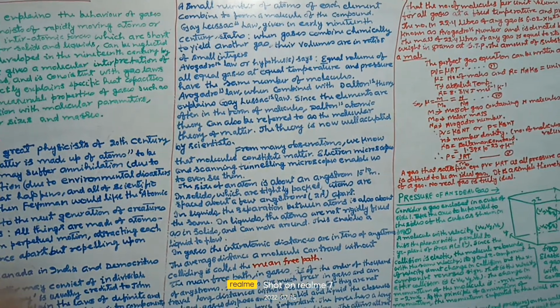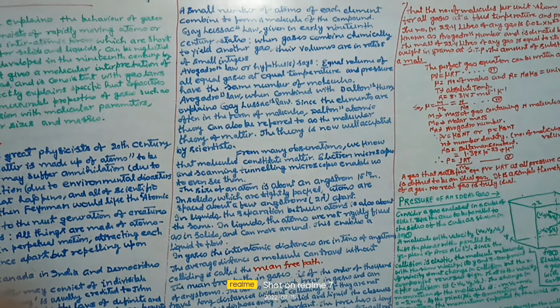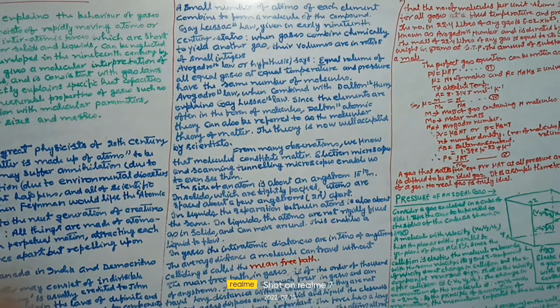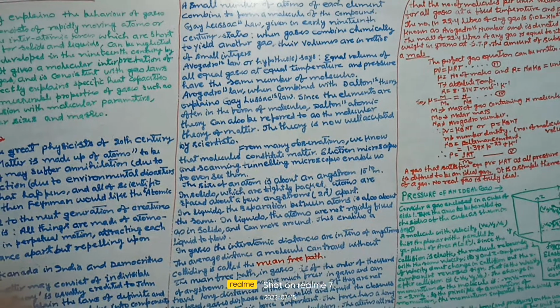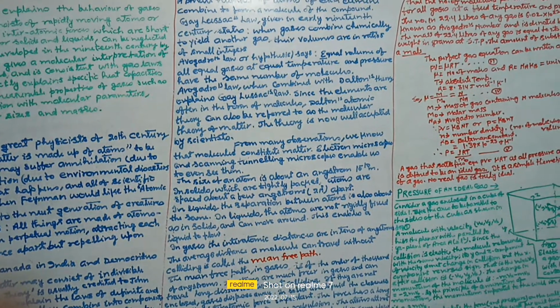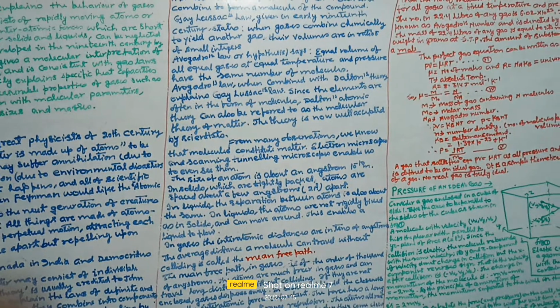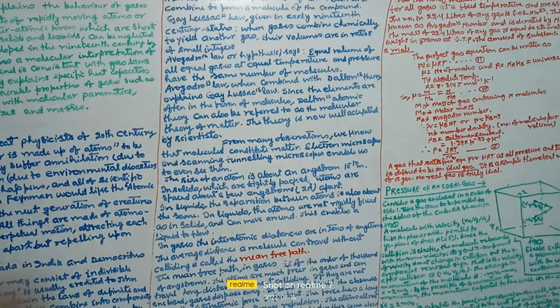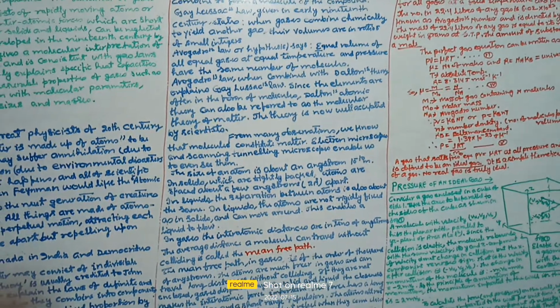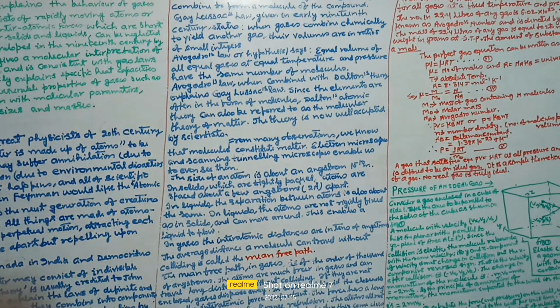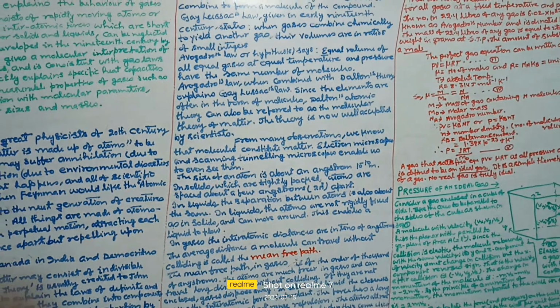In solids, which are tightly packed, atoms are spaced about a few angstrom apart. In liquids, the separation between atoms is also about the same. In liquids, the atoms are not rigidly fixed as in solids, but can move around. This enables a liquid to flow.